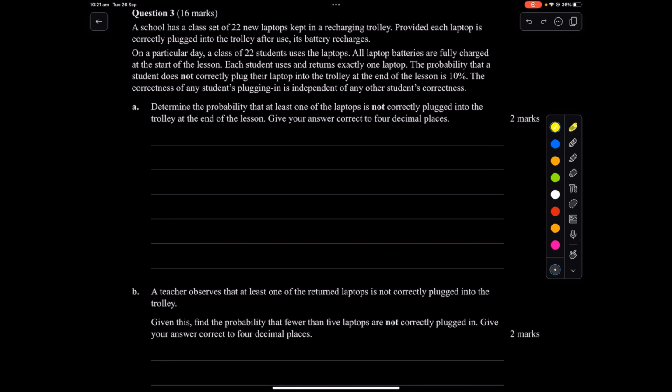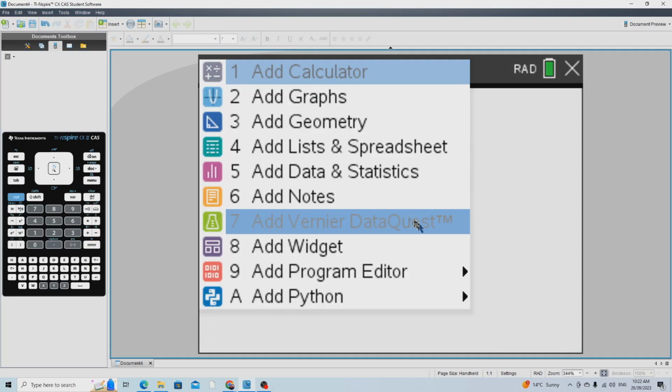Determine the probability that at least one of the laptops is not correctly plugged into the trolley at the end of the lesson, to four decimal places. So we want to calculate the probability that at least one. We know that X is binomially distributed, there's 22 students, and the probability that it's not plugged in is 0.1. So just use our calculator here. Control N, create a new part.